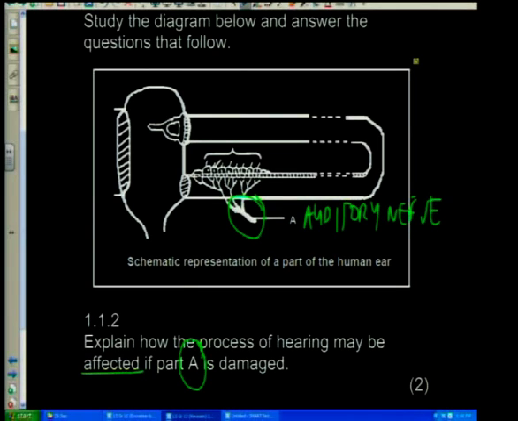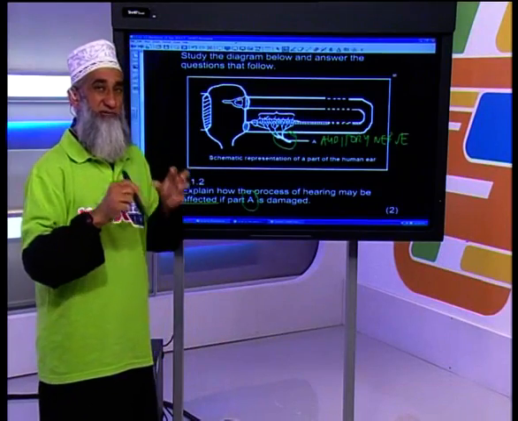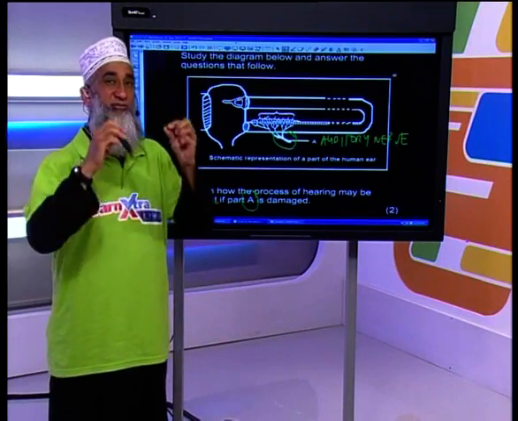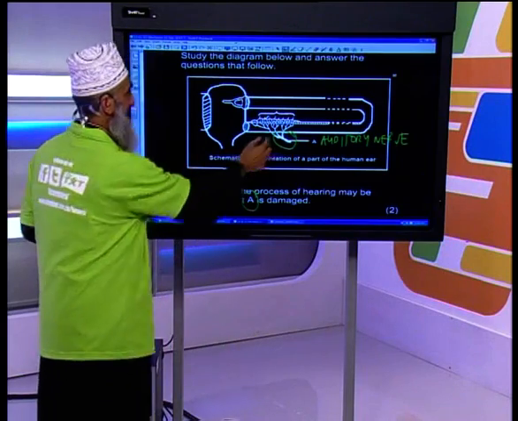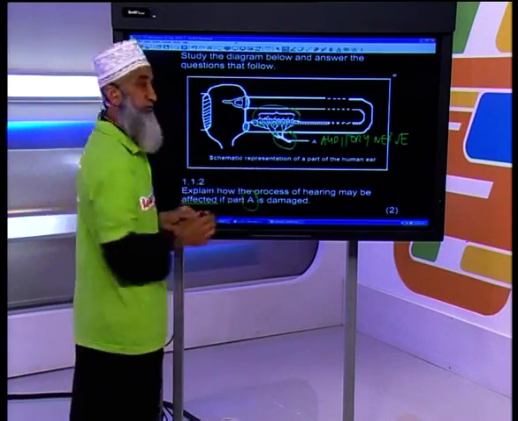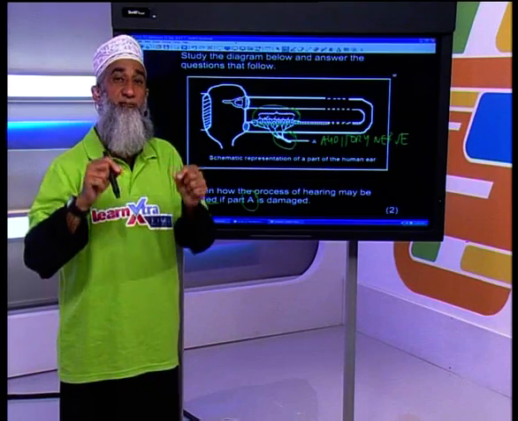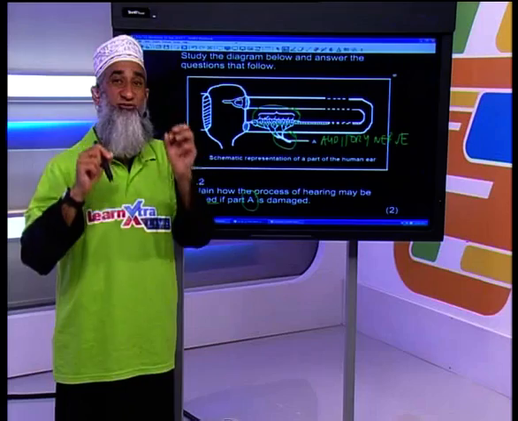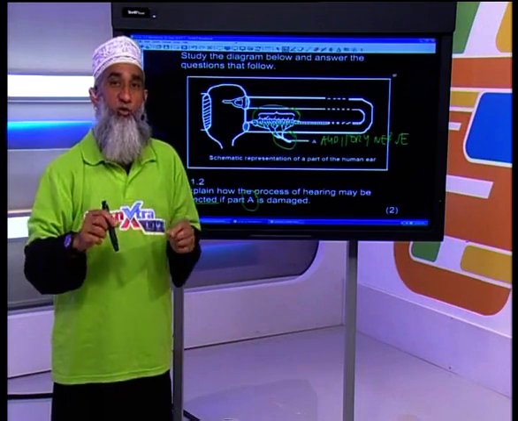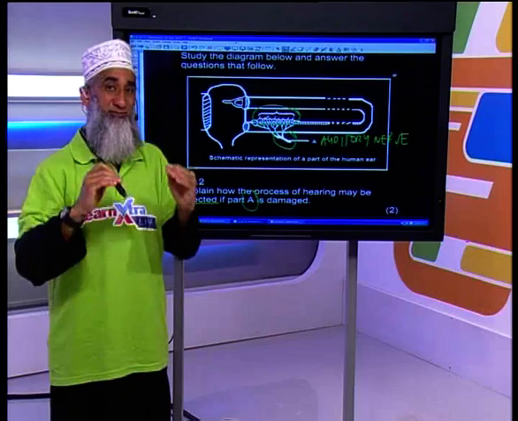By the way, the auditory nerve is an example of a sensory neuron. That means it transmits impulses from the receptor, the organ of Corti, to the cerebral cortex, the cortex of the cerebrum of the brain, where it would be interpreted.